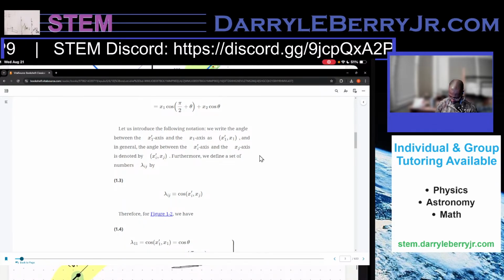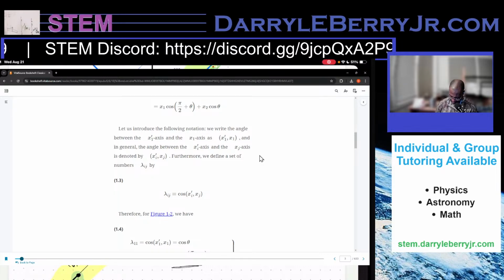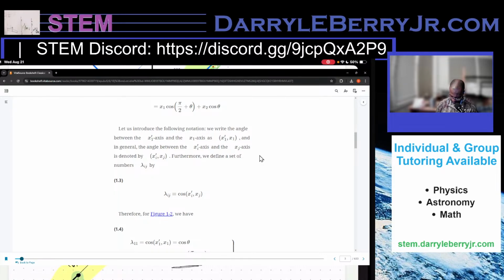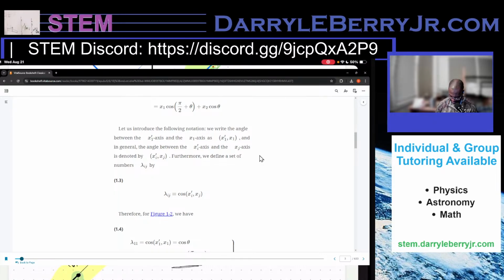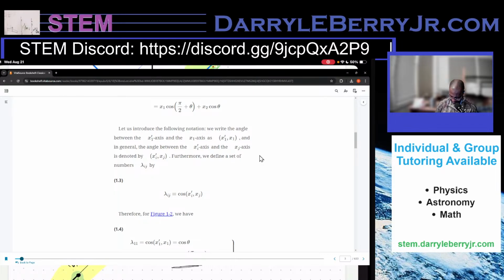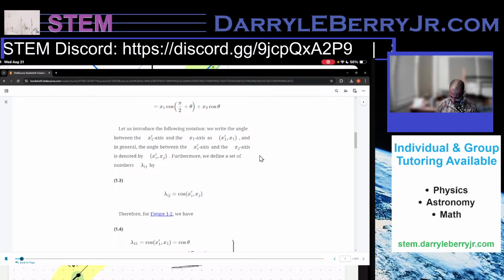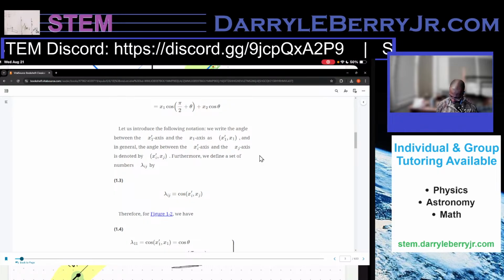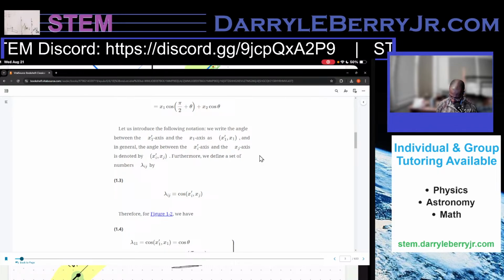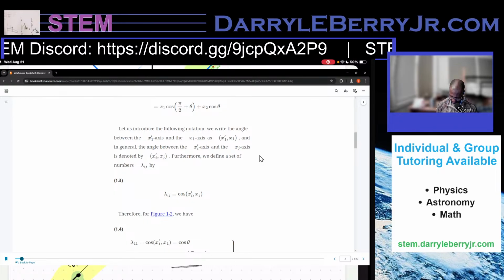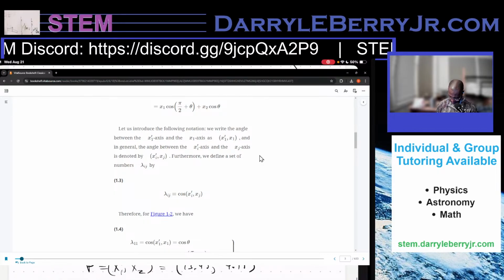Whenever I want to get the x prime thing, there's always going to be at least the x value of x prime, which will be the original x cosine theta plus the original y sine theta. And this will give you your x prime.